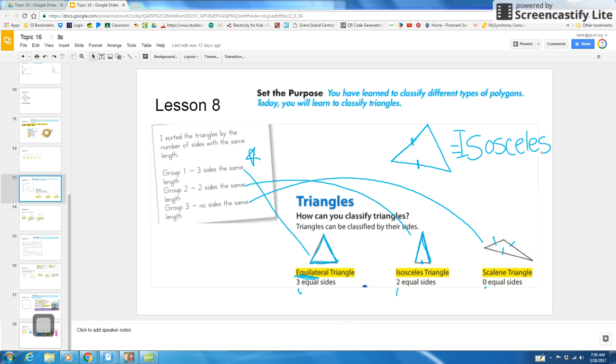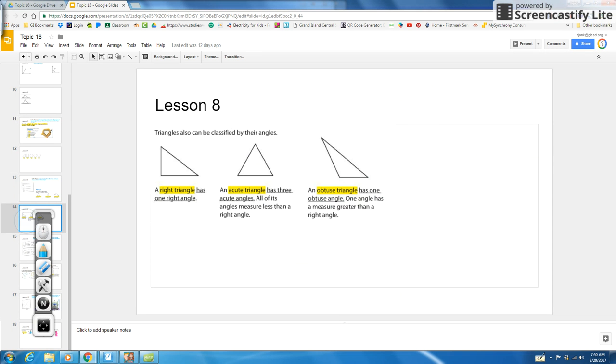All right. Let's take a look at a few more ways to look at triangles. If you remember from the previous screen, we had equilateral, isosceles, and scalene. We can also name these triangles based on their angles. A right triangle, if you remember correctly, a right angle is 90 degrees.